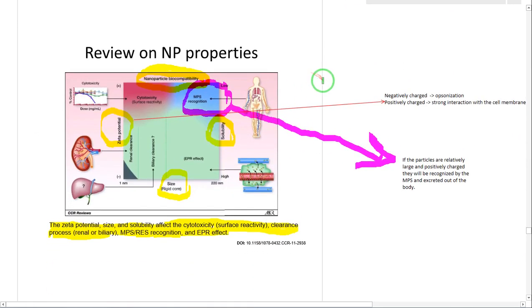Okay, let's talk a little bit about this diagram. You see here that it tells us the charge of the particle goes from negative charge to positive charge.